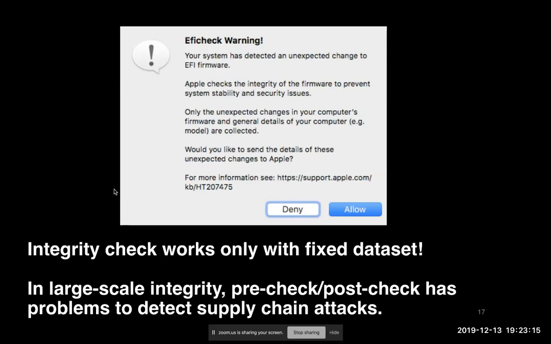And if you see this EFI check warning on your Apple machine, it can actually say something is wrong with your firmware. The problem here is it checks only integrity failures and some known failures in the supply chain, but it doesn't say much about what the impact is.